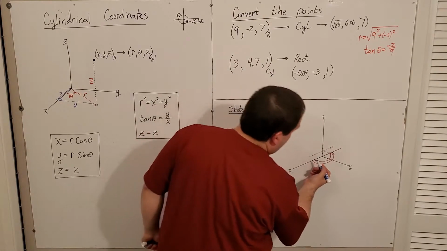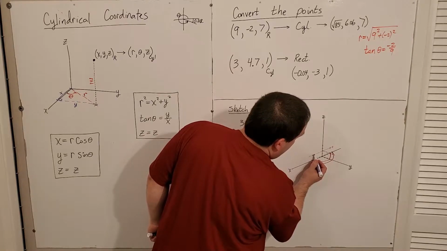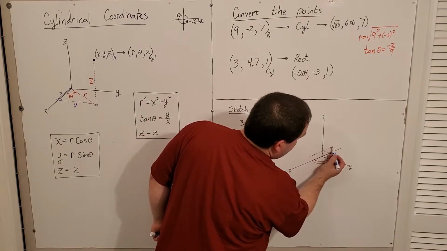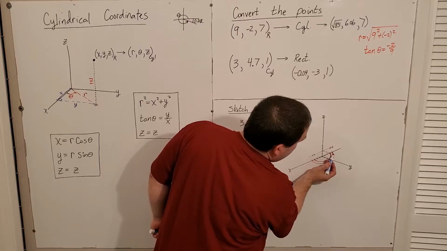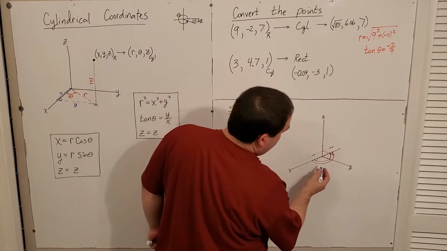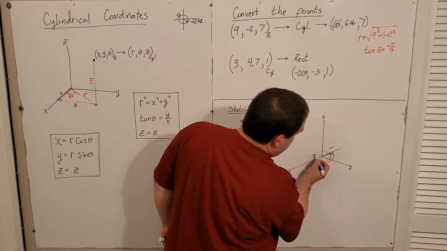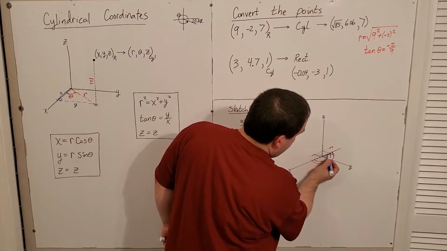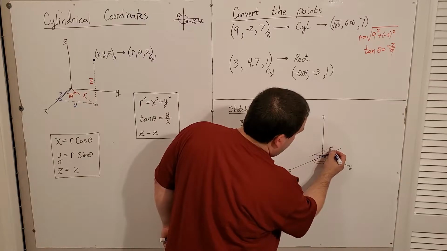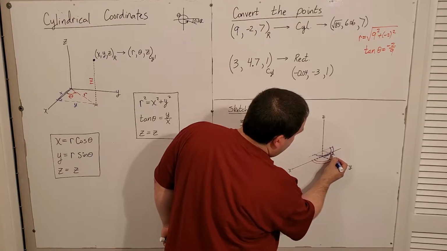So I've got this little section here where it cuts off, and this is the section here where it's going to stop, and this is the intermediate section right here. Okay, so it's going to go like this, and then like this.